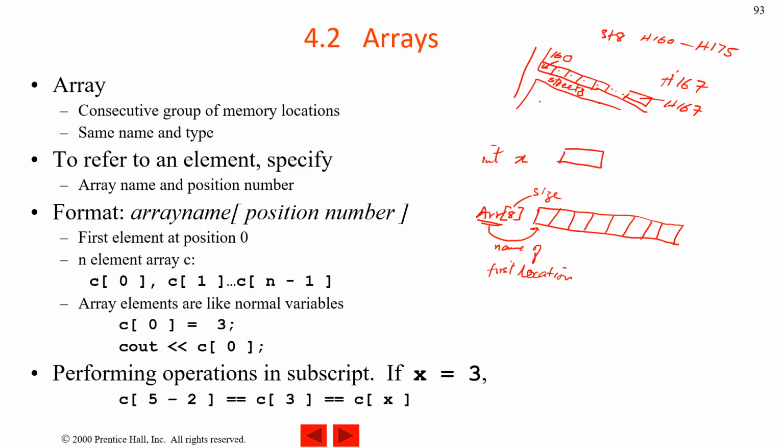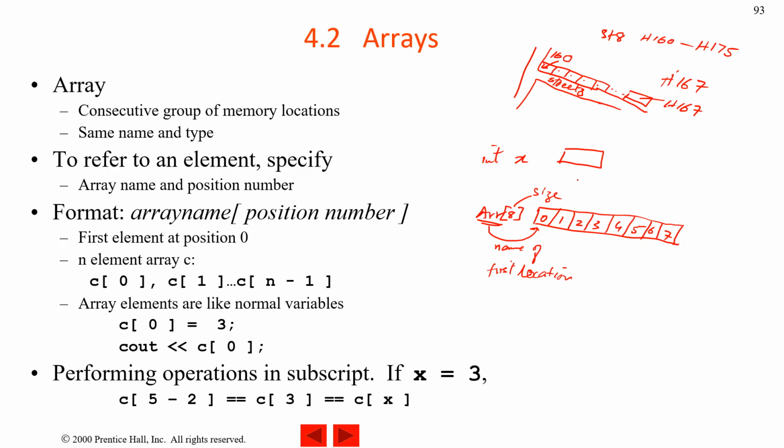So the starting point is 0, and this is 1, 2, 3, 4, 5, 6, 7. So there are a total of 8 locations. It always starts with a 0, and then if there are n locations, it goes to n minus 1. This is how arrays function.